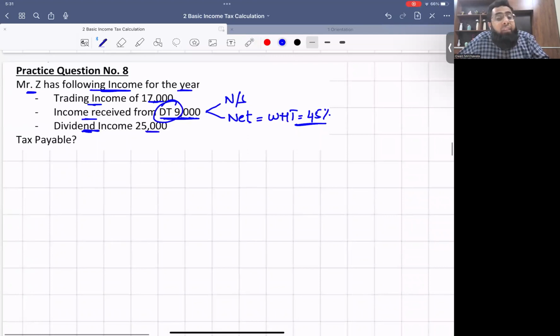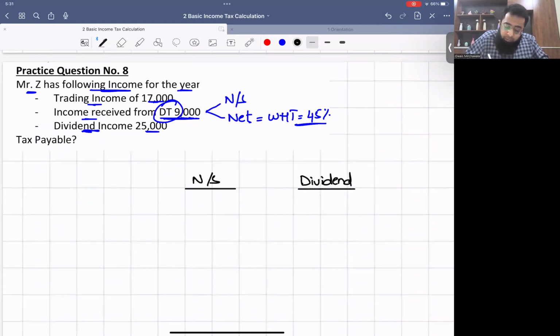Dividend income is 25,000. I want you all to listen to it carefully so that things get clear. One head is non-saving and the other one is dividend. Look at it carefully. Trading income, 17,000, goes in the head of non-saving.